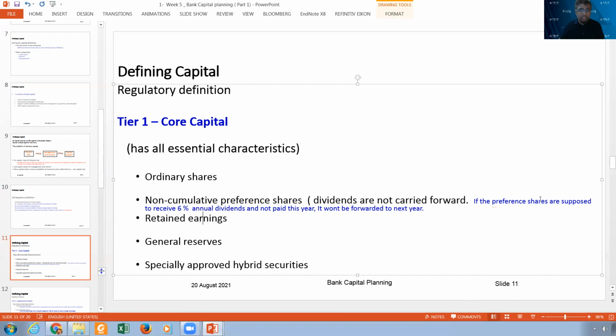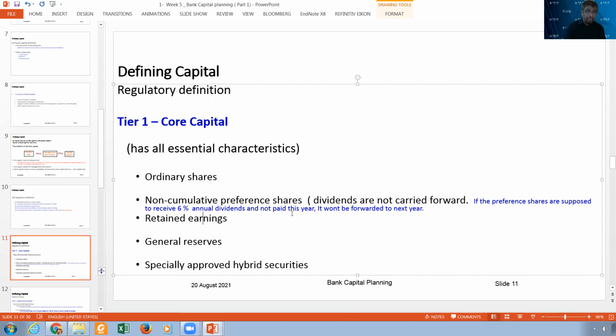Because if the preference shares, for example, are supposed to receive 6% annual dividends, and we didn't pay this year's dividends, that 6% is not going to be carried forward to next year. So next year, I'm not going to pay 12%. And if I don't pay next year, then I am not going to pay the third year 18%. So in this case, we are talking actually of something close to equity, and this is why we make it tier one.